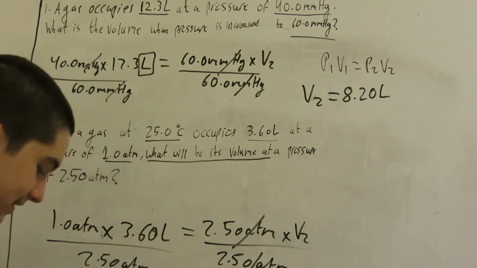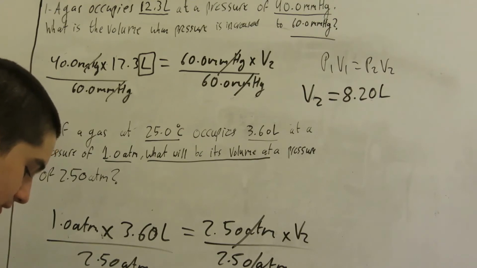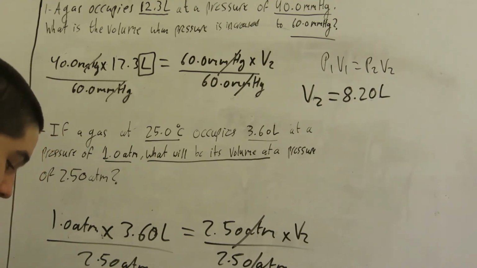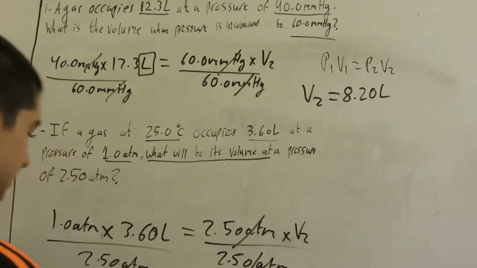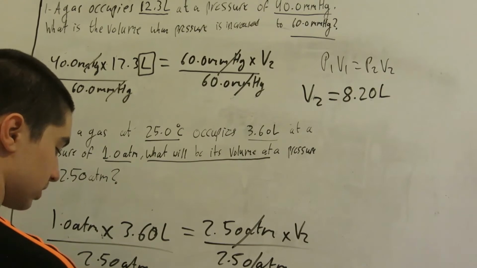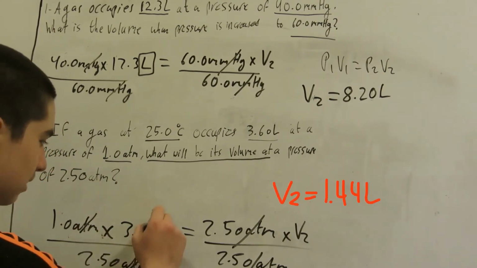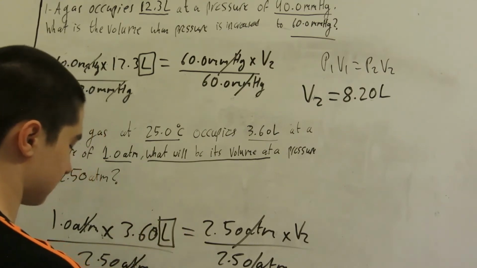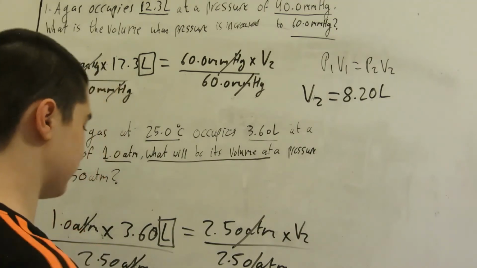So we have 1 atm multiplied by 3.60 divided by 2.50. If you do the math right on the calculator, the answer is going to be 1.44. What are the units? ATM cancels ATM out, we're left with liters. So that's the answer, 1.44 liters. That is our answer for V2.